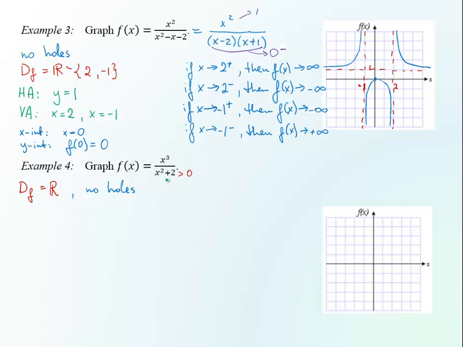Next, check for asymptotes. Since the numerator is of a higher degree than the denominator, we can perform long division and we may expect a slant asymptote. So let's find the slant asymptote. How much would this be? Well, x cubed divided by x squared plus 2.